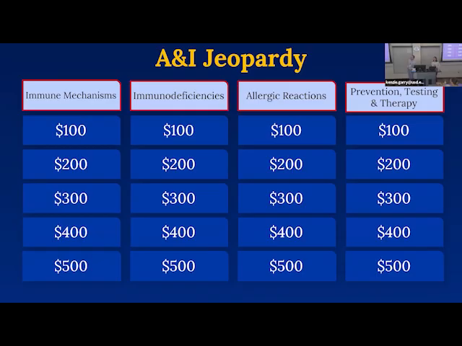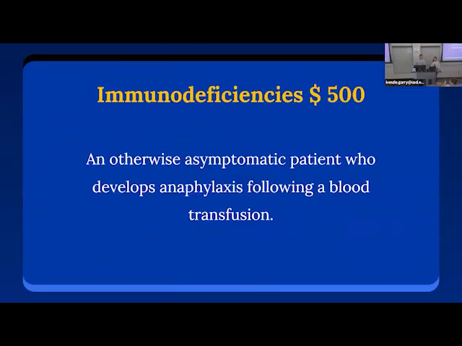I'll start with new chiefs. Ahmed, choose a topic. So I can do 3 groups, that's fine. Immunodeficiency 500. Go big or go home, I guess.